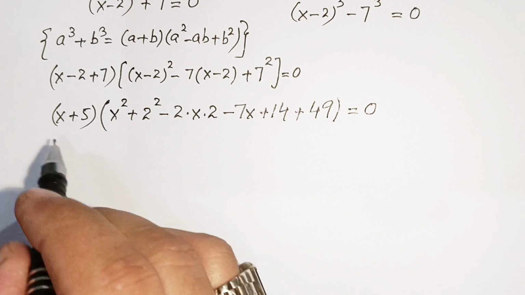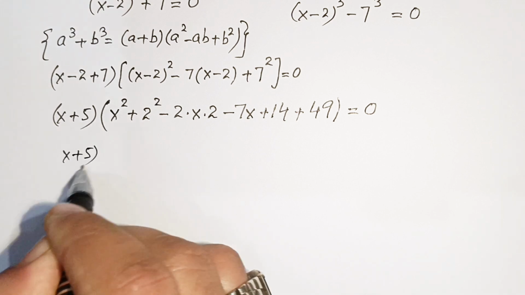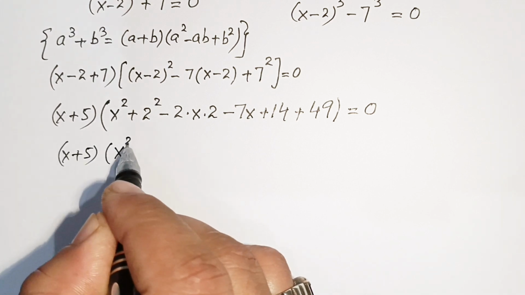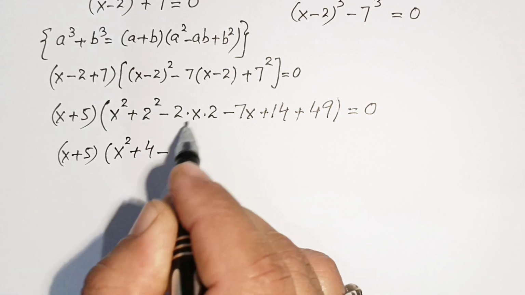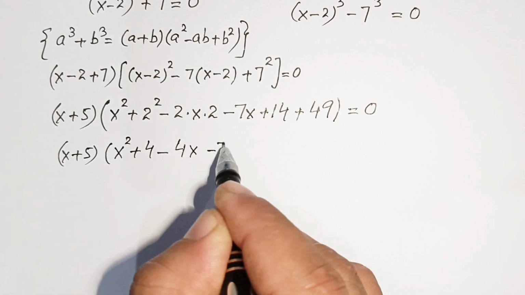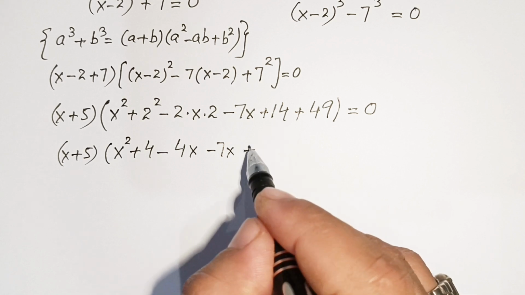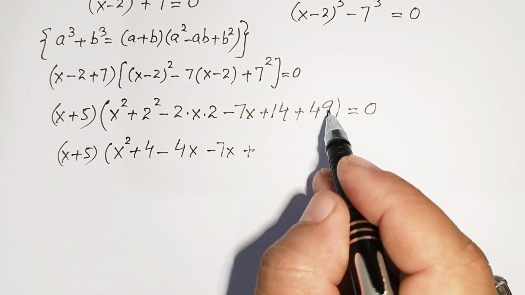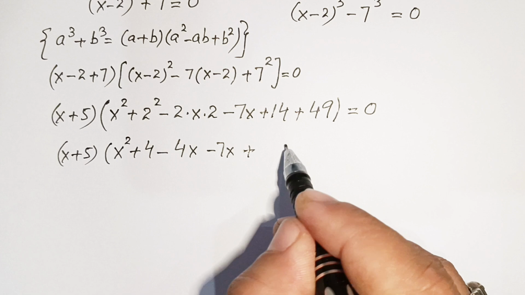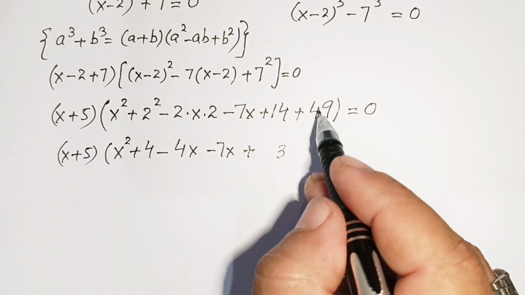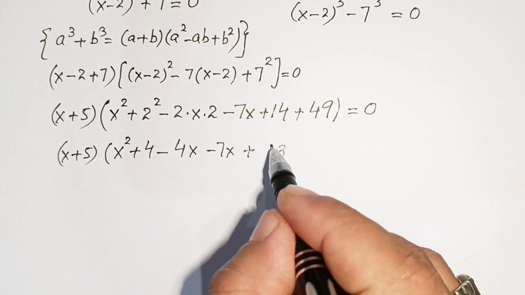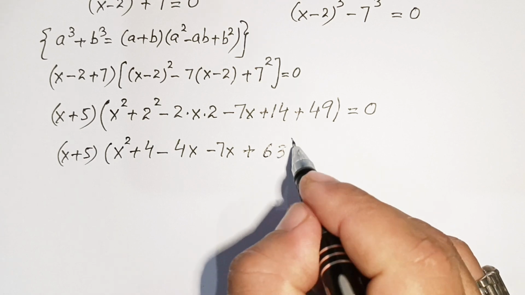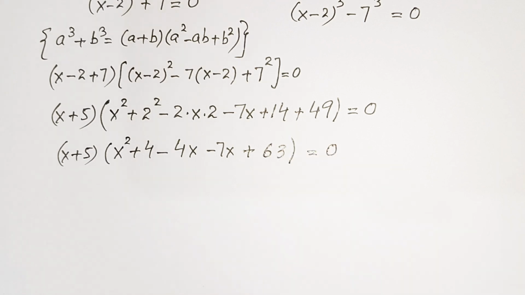Now here x plus 5 times, we have x squared plus 4 minus 4x minus 7x, and here we have 14 plus 49, plus 4 is 67, equal to 0.